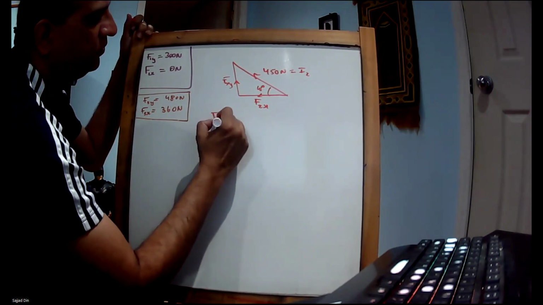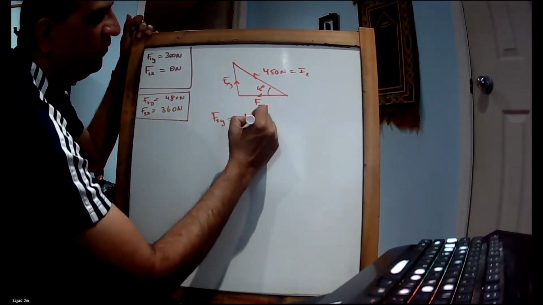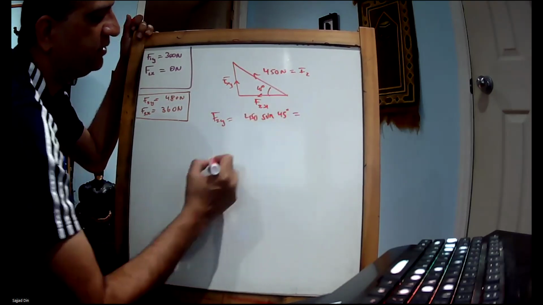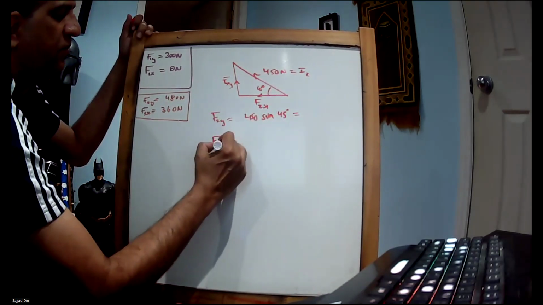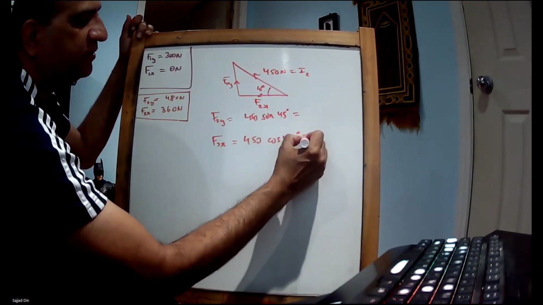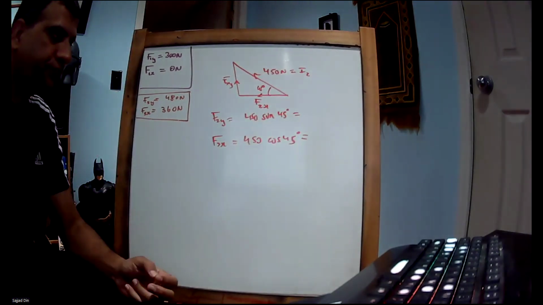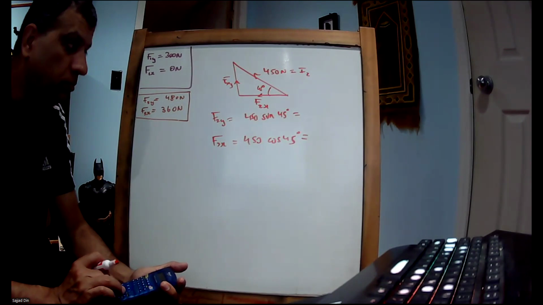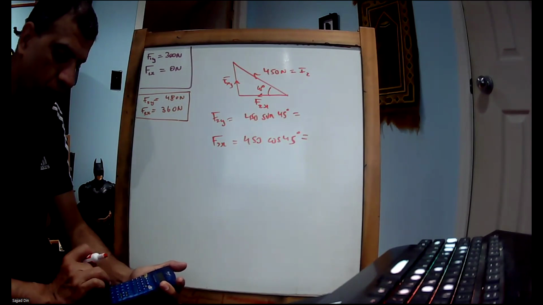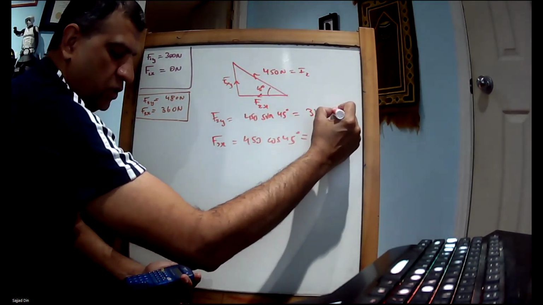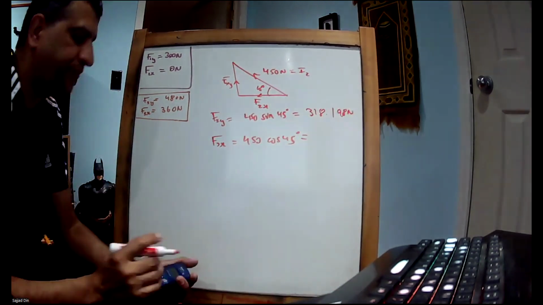So F2y is equal to 450 times sine 45 degrees, and F2x is equal to 450 cosine 45 degrees. That's 318.198 newtons.